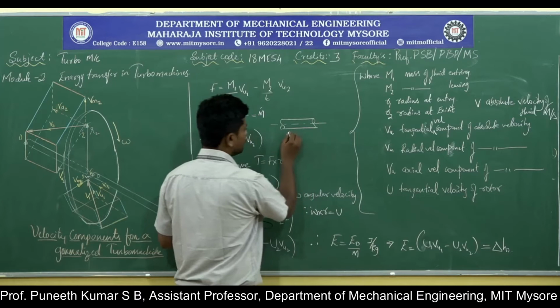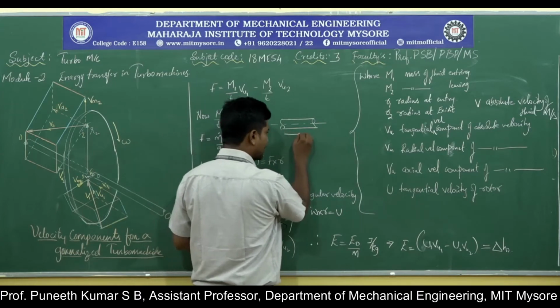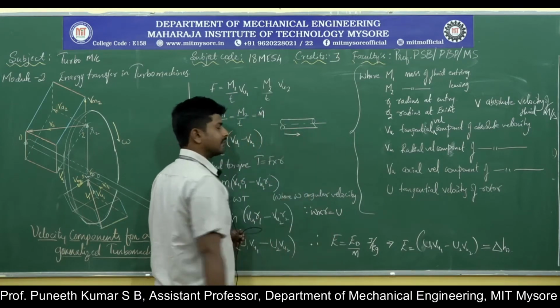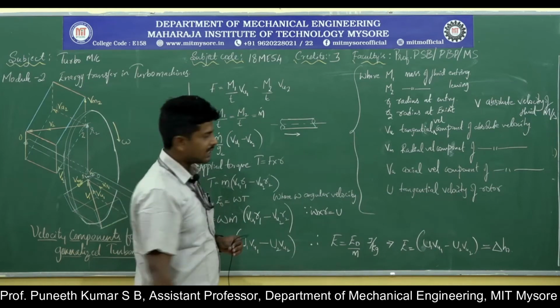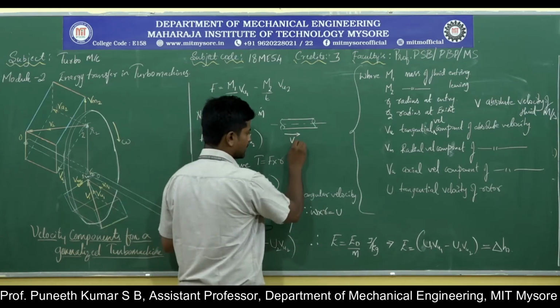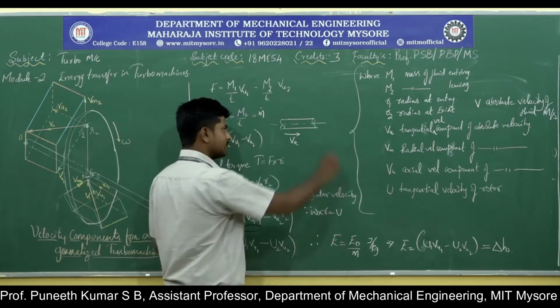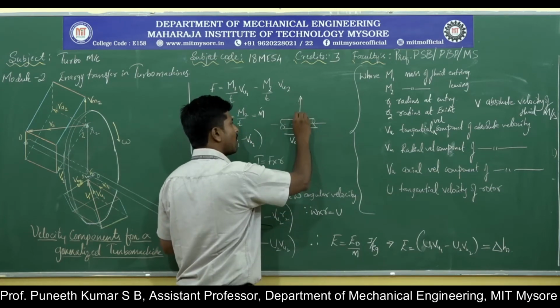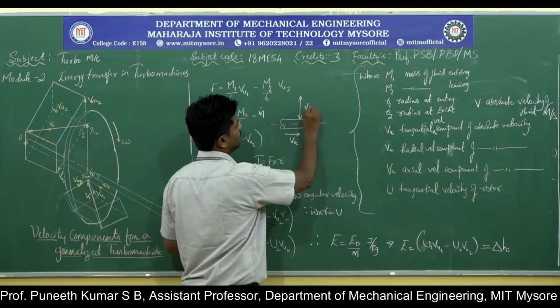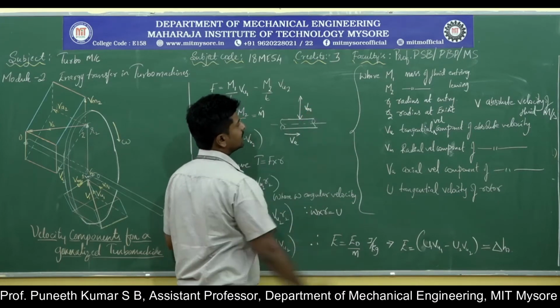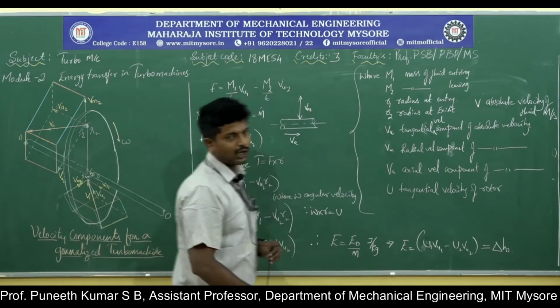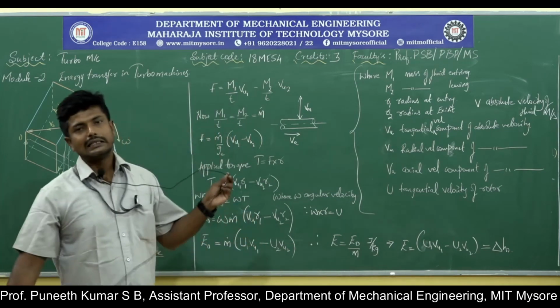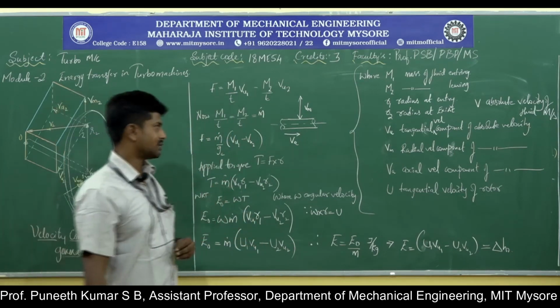Now if the flow is happening parallel to the axis, then I will call it the axial direction. If the flow is happening away from the center or towards the center, I will call it the meridional direction, or the velocity component in the meridional direction.